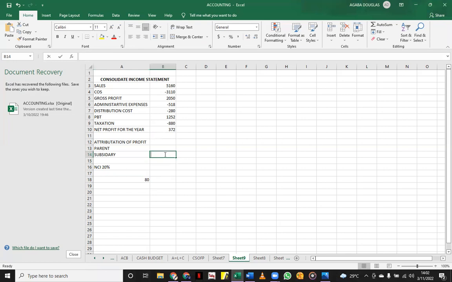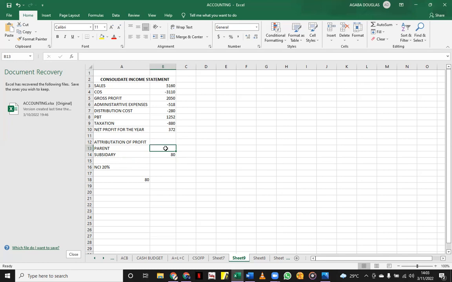So when I put the 80 here, then I will have gotten the attribution of profit that goes to the subsidiary. Now, how do we get the one for the parent? Do we get 80% of 372? No. The balancing figure should always be the share that goes to the parent.